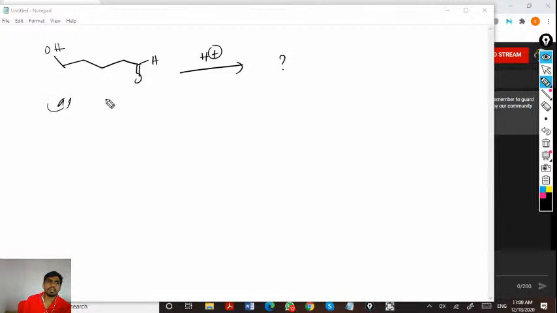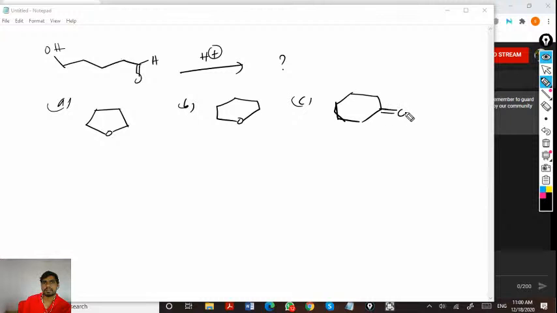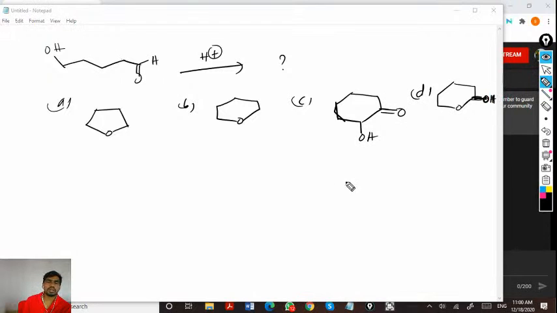So option A. This is a single bond. So what could be the product?